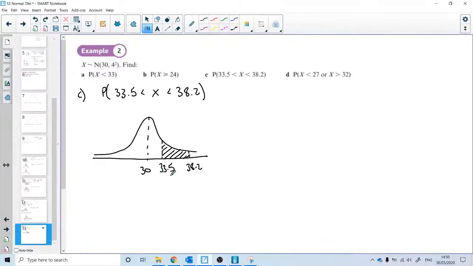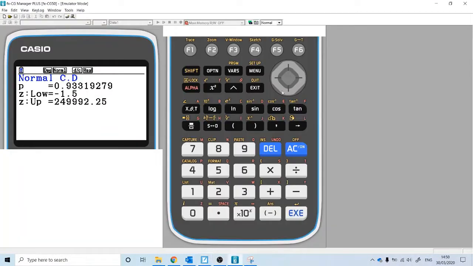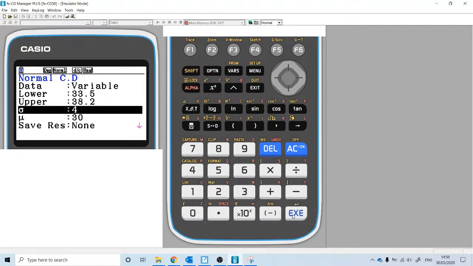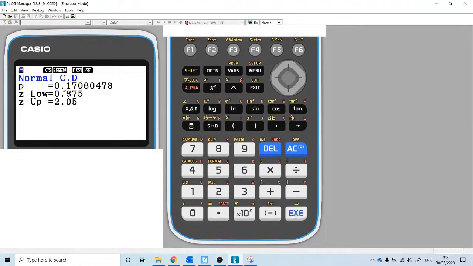So we're going to put our lower as 33.5 and our upper as 38.2. And leave the standard deviation and mean as they were before. So we get 0.171 to 3 sig fig.